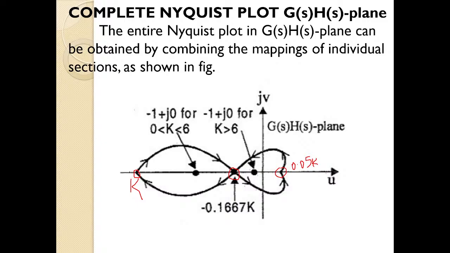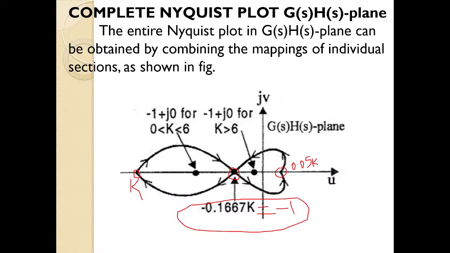If that is happening, then the closed loop system is a stable system. For that, let us initially assume that this intersection point is our -1+j0 point.